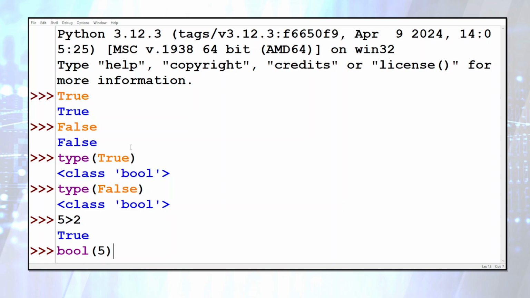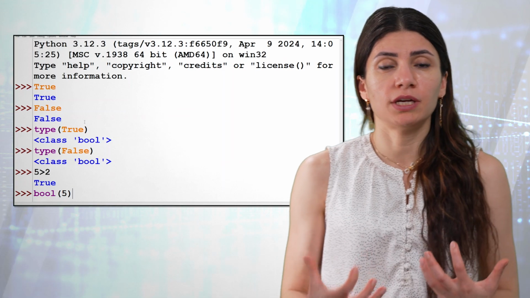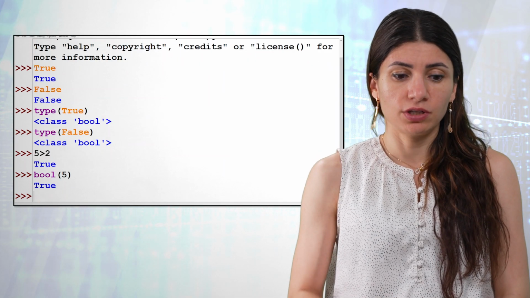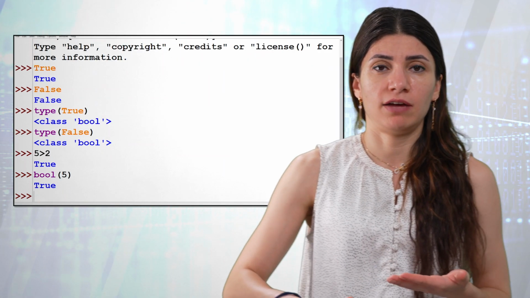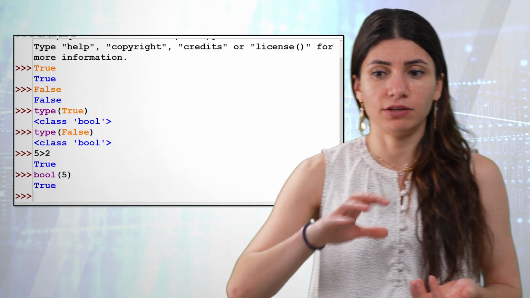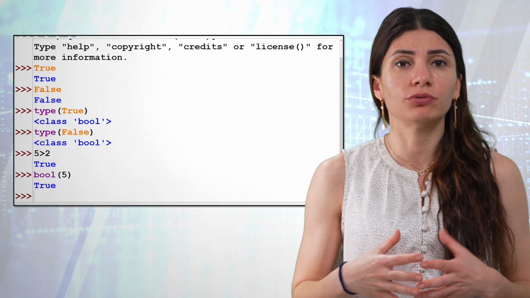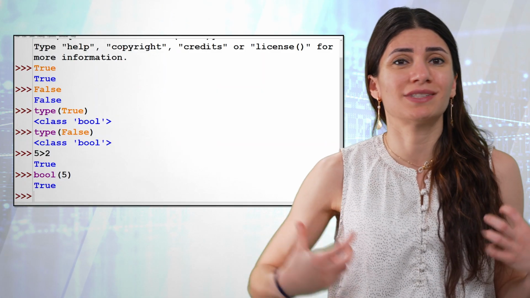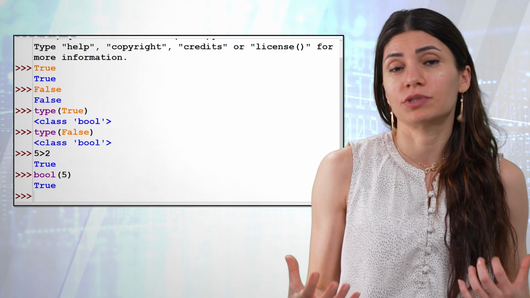It's a number. You want to see what it represents. Is 5 a true value or a false value? It's going to give you true. Any number that we have in Python, any value, any object that we have, it's going to hold a Boolean value of true, except the ones that represent emptiness or represent 0.